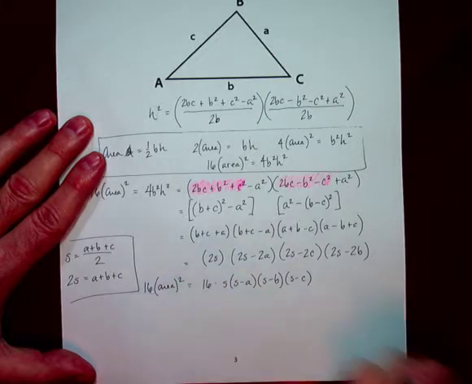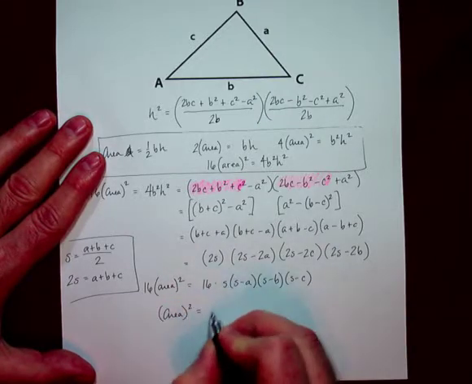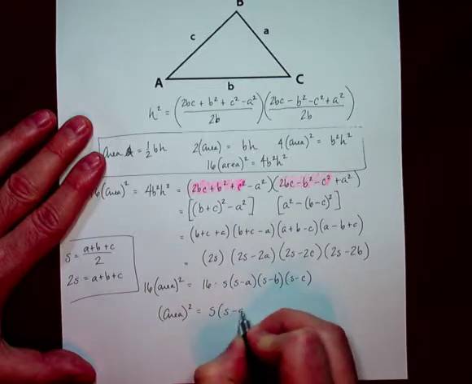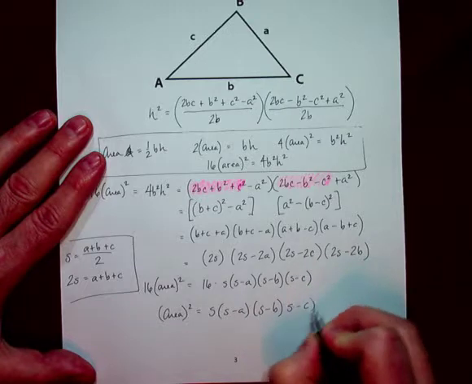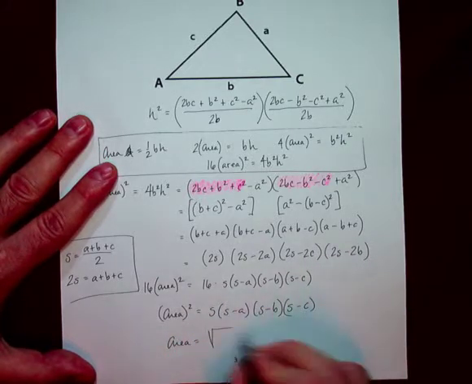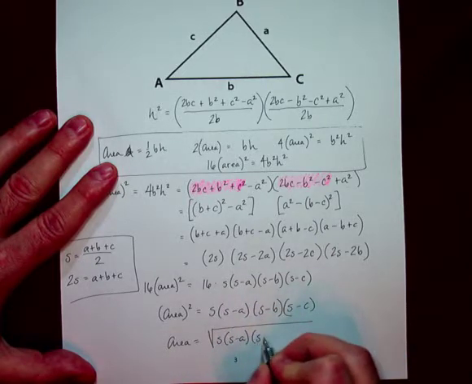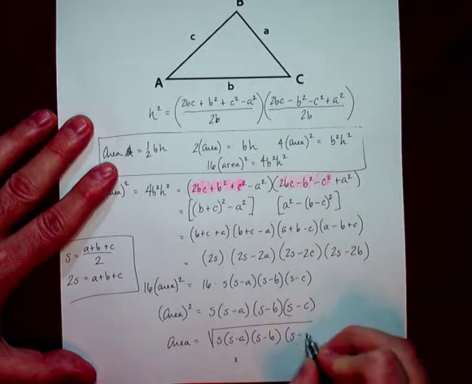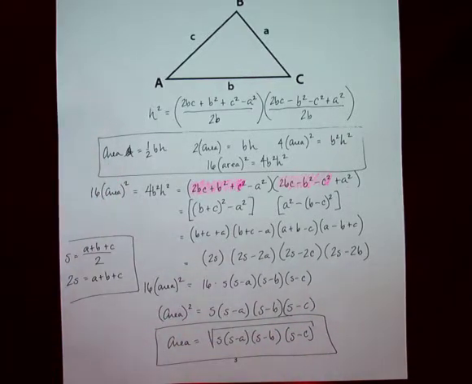So if I divide both sides by 16, I get s times s minus a times s minus b times s minus c, and then I can take the square root of both sides, and oh my gosh, will you look at that. There is Heron's area formula.